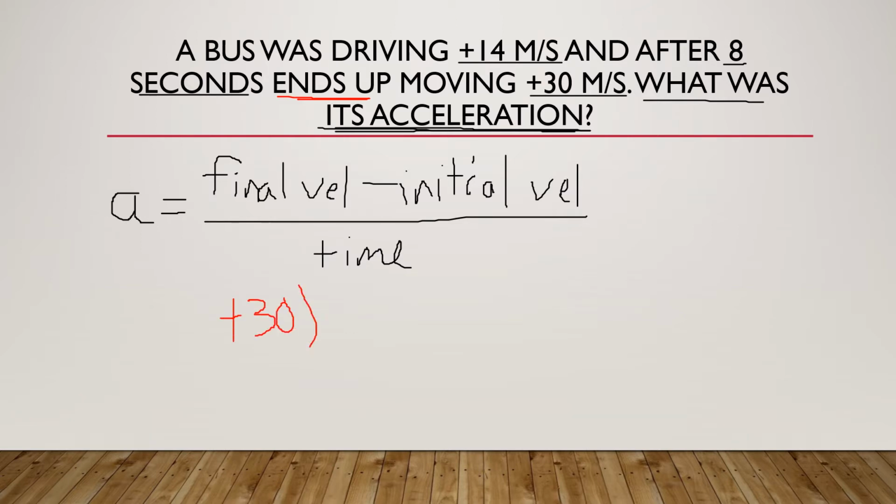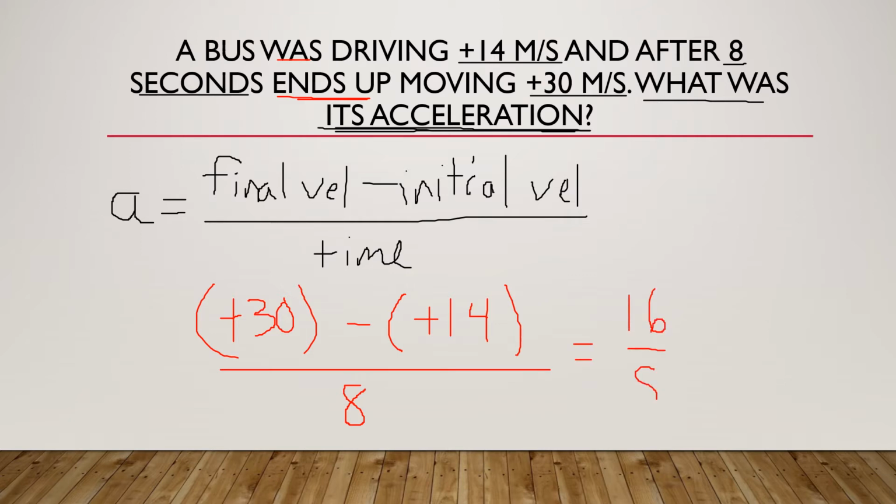Plus 30 minus the initial, was indicates a starting, plus 14, divided by the time, which in this case is 8. Okay? 30 minus 14 equals 16 divided by 8 equals 2 meters per second squared. That's it. This is the subtract then divide equation. This one wasn't as bad as the others.